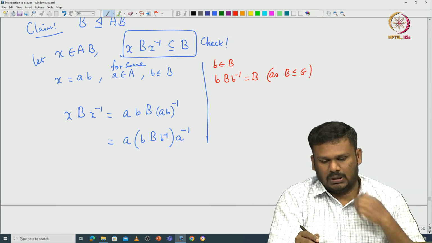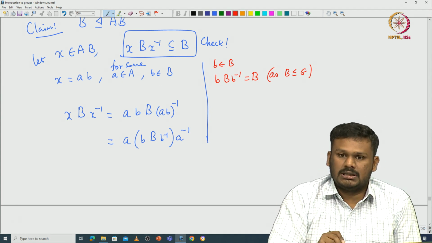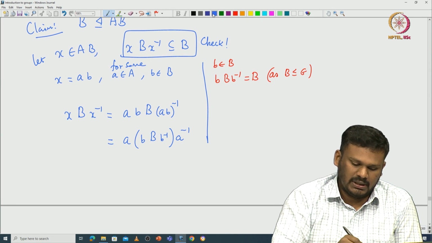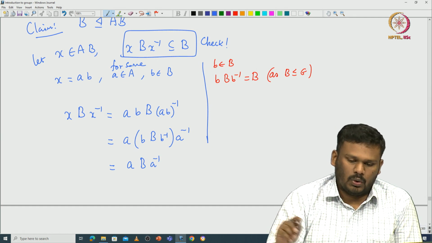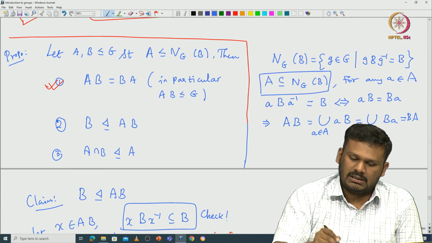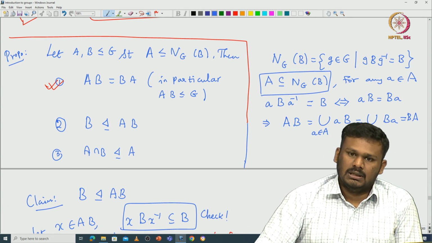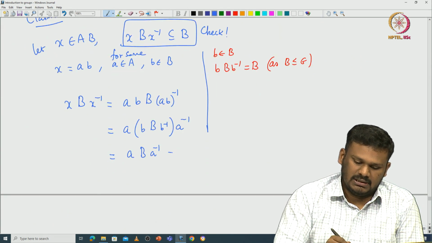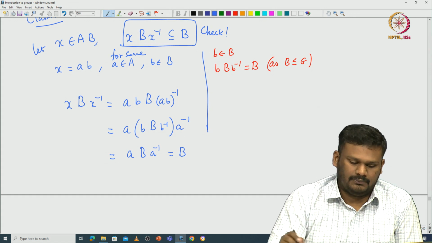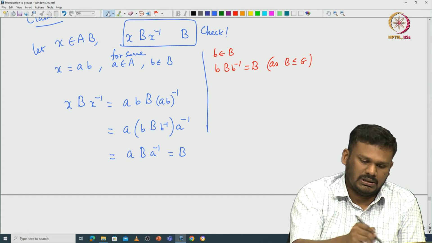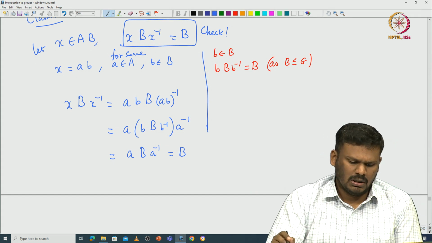Now in particular, if you apply the conjugation by a to this B, then what do you get? You get exactly aBa inverse. But what is a? a in capital A is coming from the normalizer of B. That means aBa inverse is capital B. So this is exactly equal to capital B. So we checked that this is indeed equal.